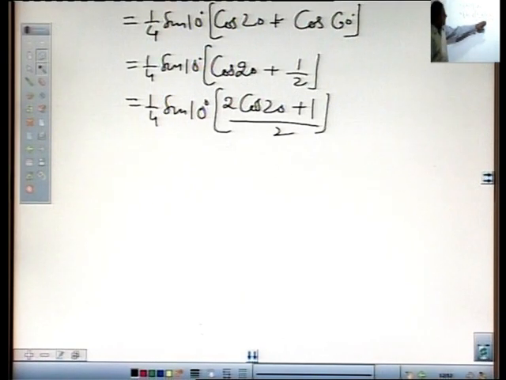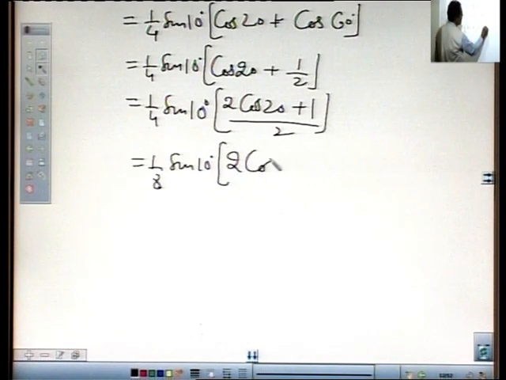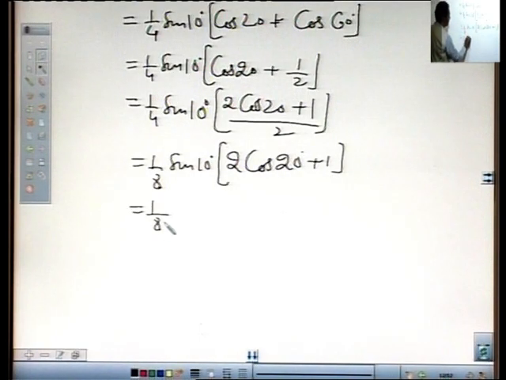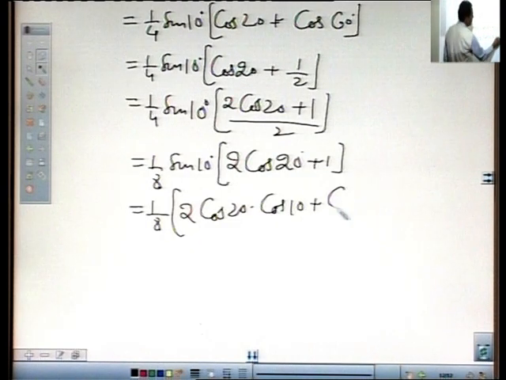Now the 2 in the denominator we take here, and this equals 1 over 8 sin 10 into 2 cos 20 plus 1, and this equals 1 over 8 of 2 cos 20 into sin 10 plus sin 10.